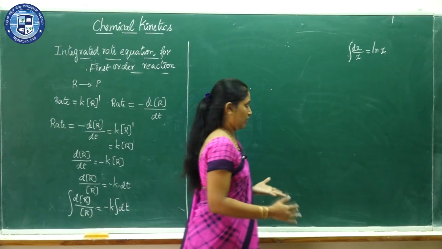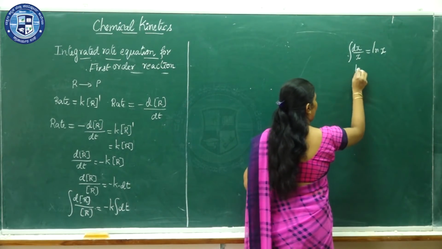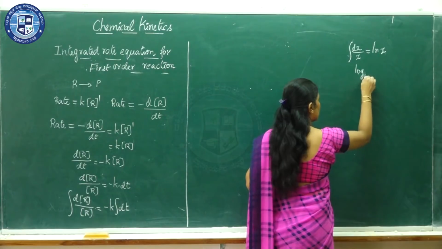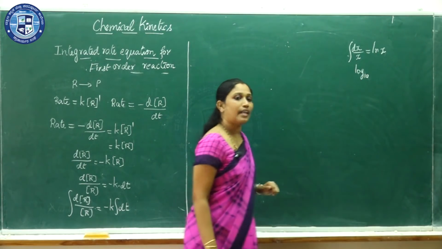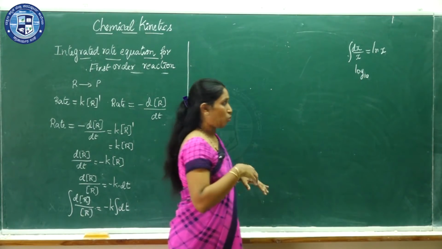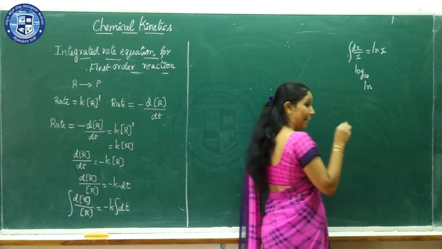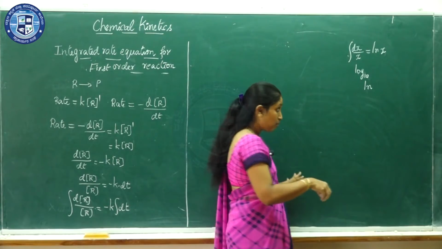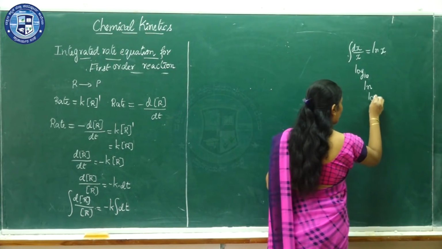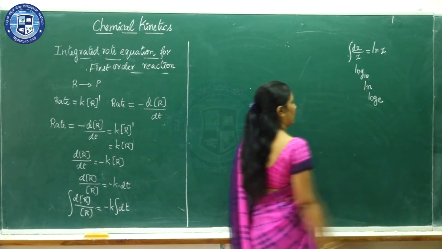So what do you mean by that now? See, whenever we say log, it means log to the base 10. Okay, so whenever you use ln or natural log, it means log to the base e.